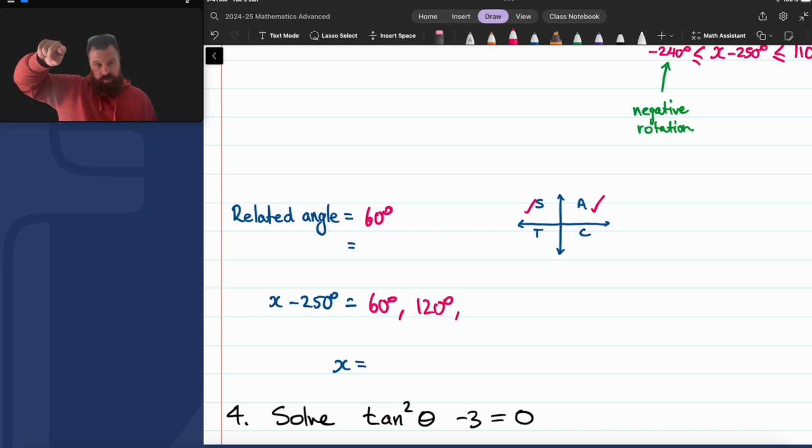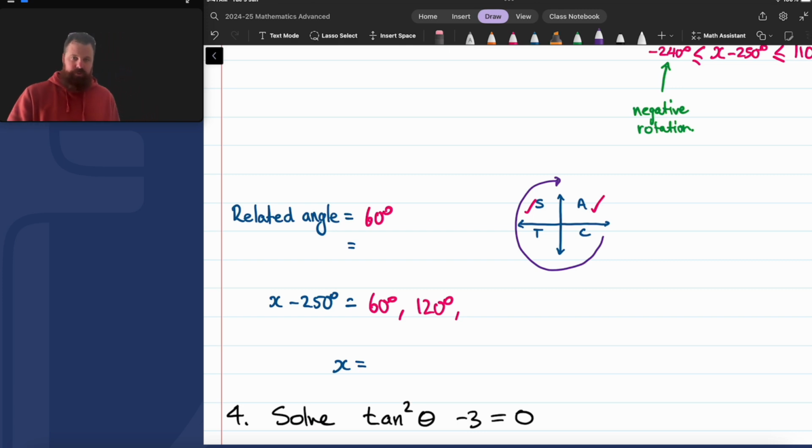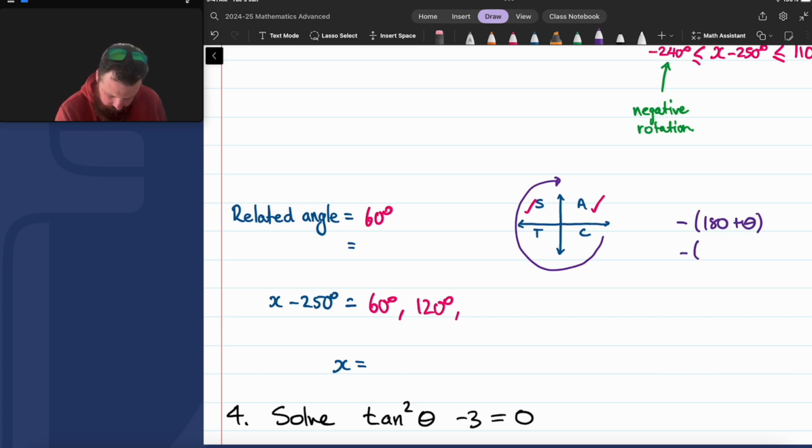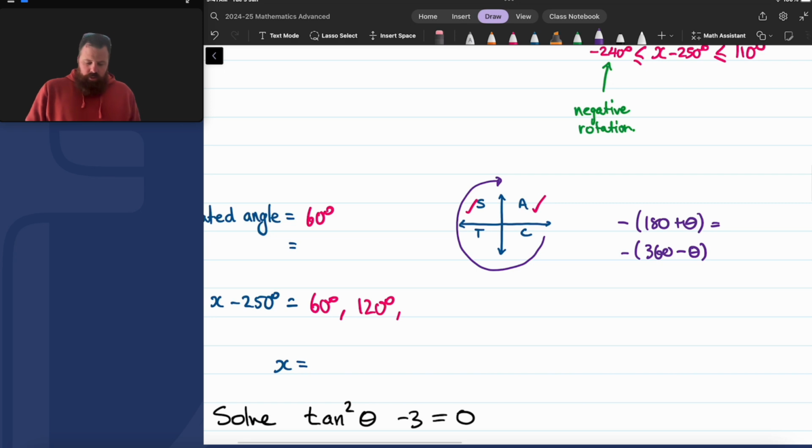Now, when I do the negative rotation, remember what I mean by negative rotation is going that way around the unit circle, remembering how everything just flipped and became negative. So I'm thinking it's going to be negative of 180 plus theta and negative of 360 minus theta. 180 plus, so I've got negative 240 degrees, and 360 minus, I've got negative 300 degrees.